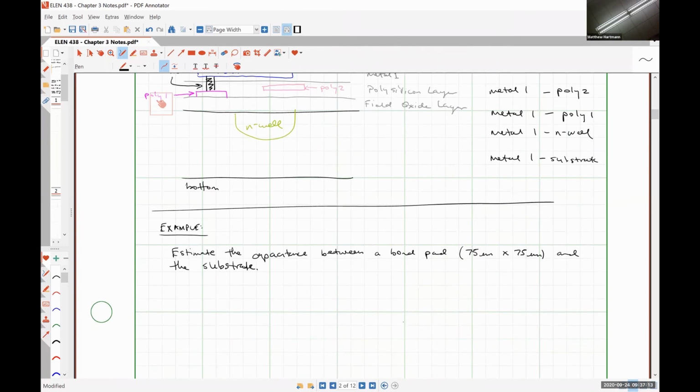And from that table, we know that C area for metal 3 to the substrate is 8 attofarads per micron squared.